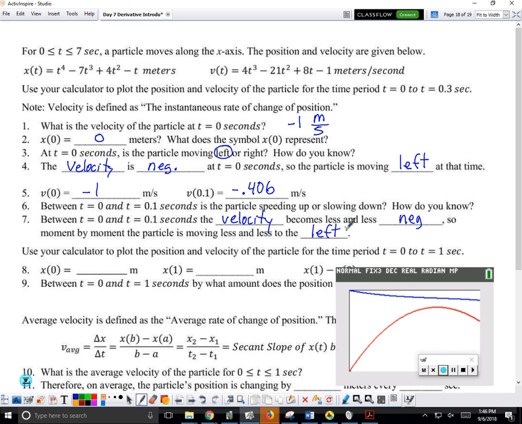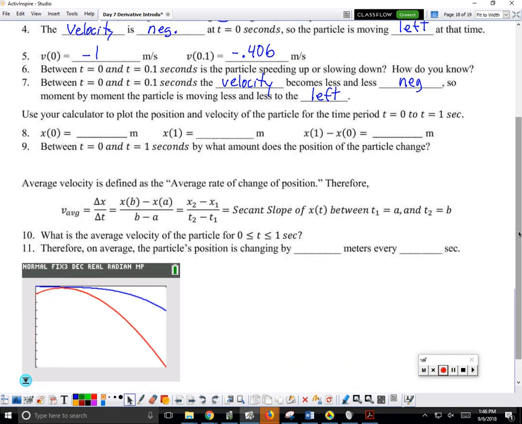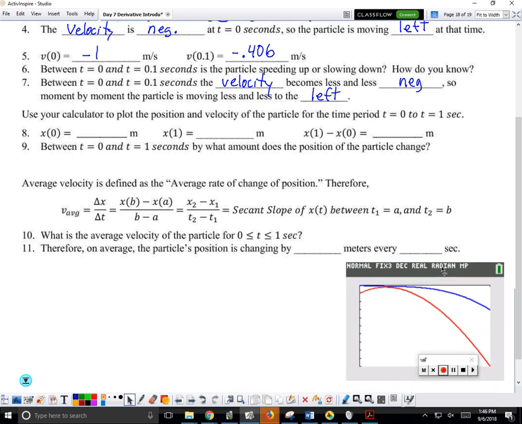Okay, change your window from 0 to 1. Go. So x is our time axis. So yes, we want to change the time from 0 to 1. So the min will be 0. You want to start at 0 and you want to stop at 1.